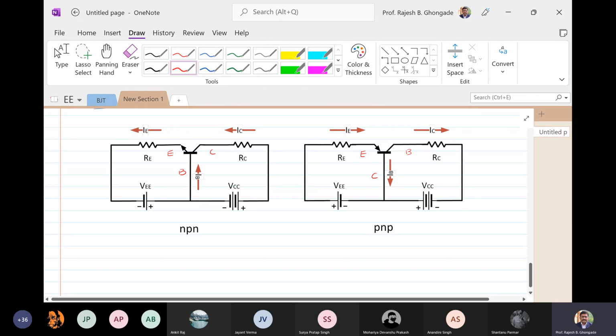तो मुझे अगर प्लॉट करना है characteristics, तो I have to do something like this. So in this configuration, input is applied between emitter and base. So let us make a note of it. Input is applied between emitter and base.